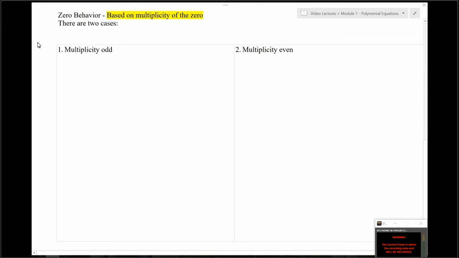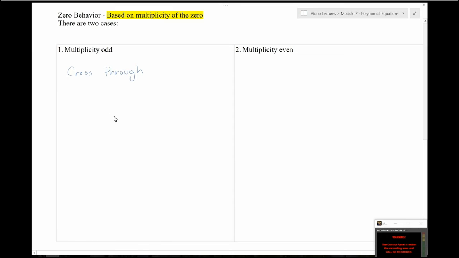For zeros, we can figure out what the behavior is based on that multiplicity, what the exponent of the 0 is. So if the multiplicity is odd, it's going to cross through at that point.